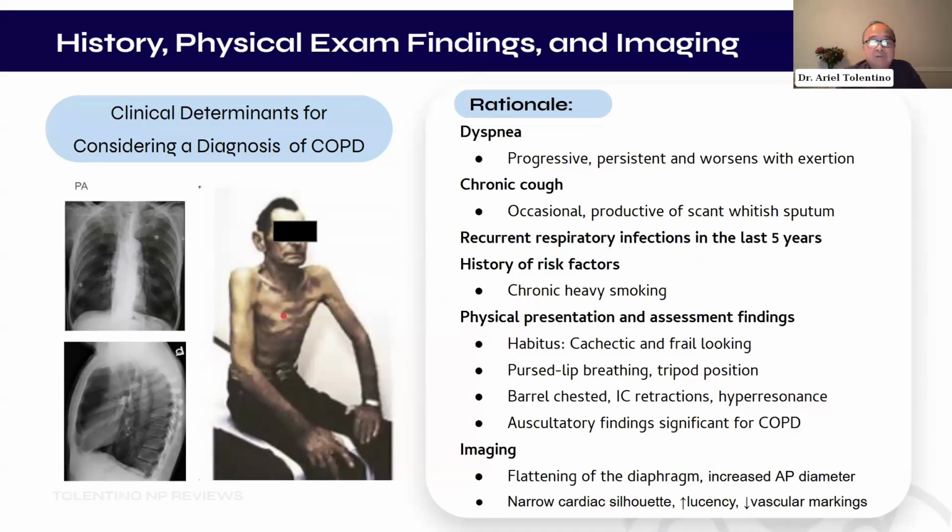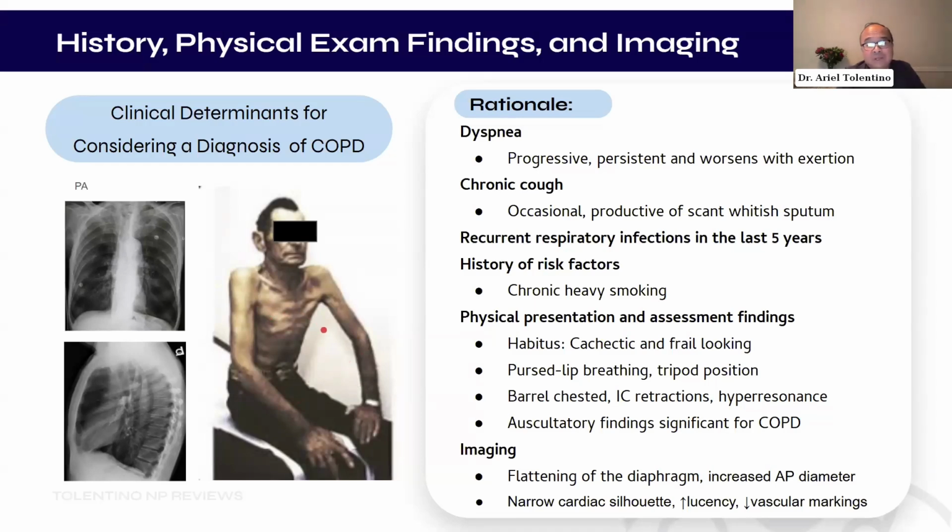We saw that video with pursed lip breathing, that compensatory mechanism for better ventilation in the event of COPD. We have the tripod positioning also for better 3-point stability. The patient is barrel-chested with intercostal retractions and hyperresonance was noted.